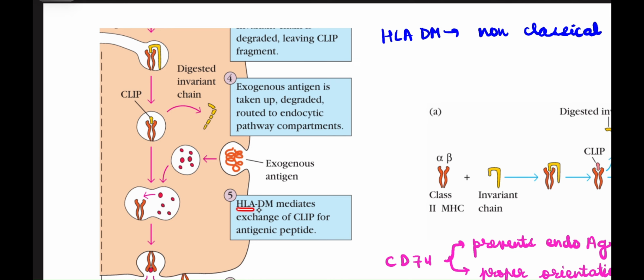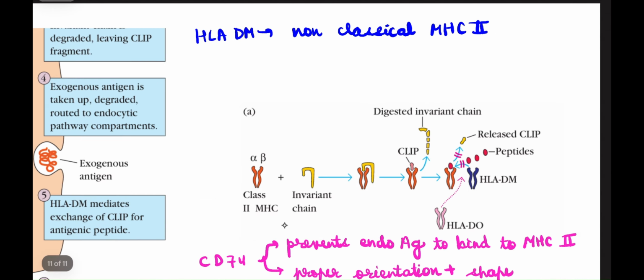Now what is HLA-DM? It is a molecule which will help to bind this particular antigenic peptide into this cleft, and also to remove this CLIP, the HLA-DM will play its role. The HLA-DM can be clearly observed here. This is the class 2 MHC molecule and this is the invariant chain.